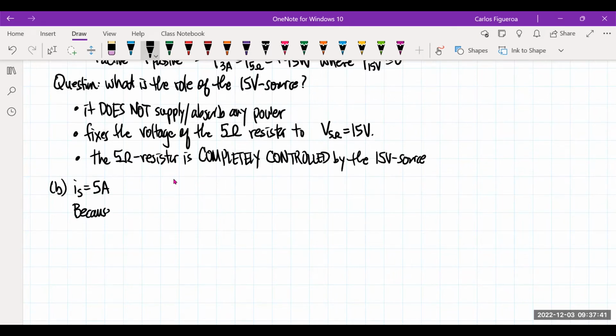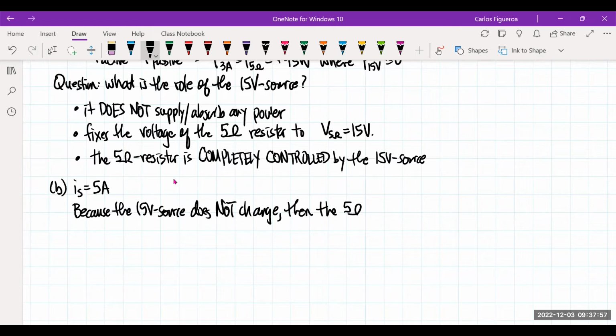Because the 15-volt source does not change, then the 5-ohm resistor behavior stays exactly the same.